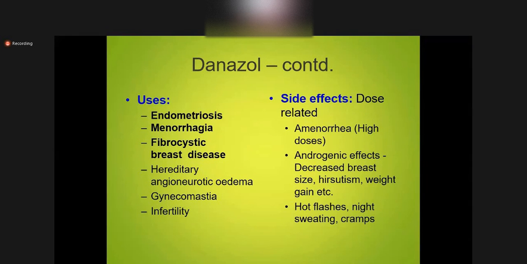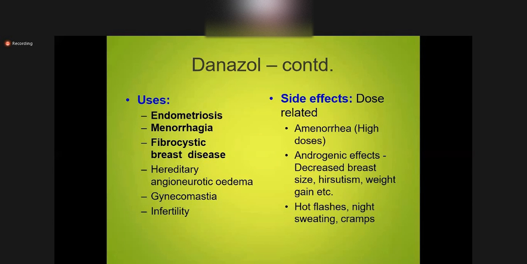The uses are endometriosis, menorrhagia, fibrocystic breast disease, hereditary angioedema, gynecomastia, infertility. But it is mainly used because of endometriosis. There is hyperplasia of the endometrium, so you can reduce it using danazol. It affects mainly gonadotropin releasing hormone, LH and FSH.